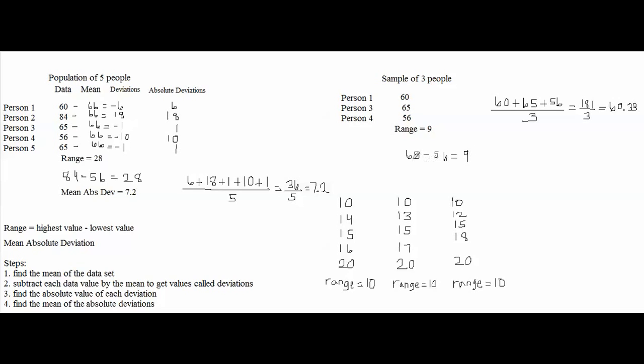So we finished step 1 and found the mean of the data set. Step 2 is subtracting each data value by the mean.